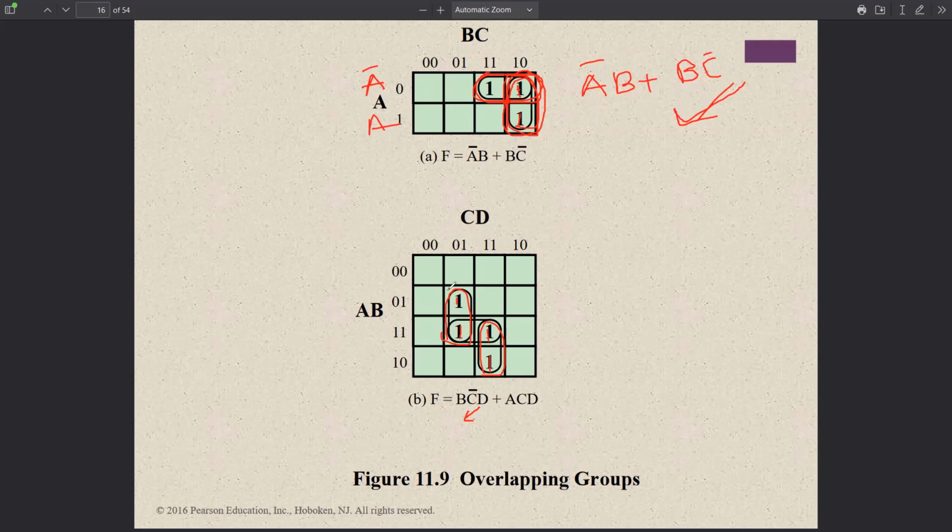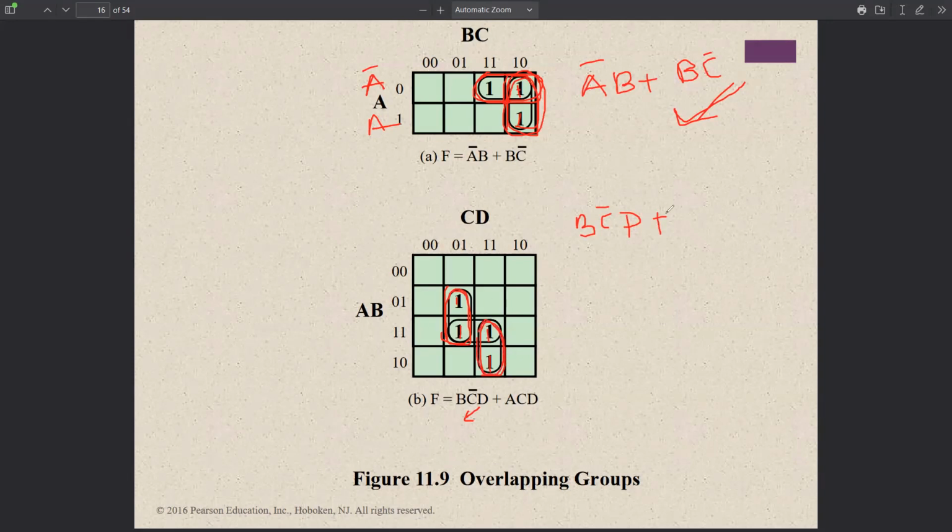So consider this example. In this particular group, C bar, D is not going to change. So C bar D. And here, B is not going to change. It's B, plus this particular group.